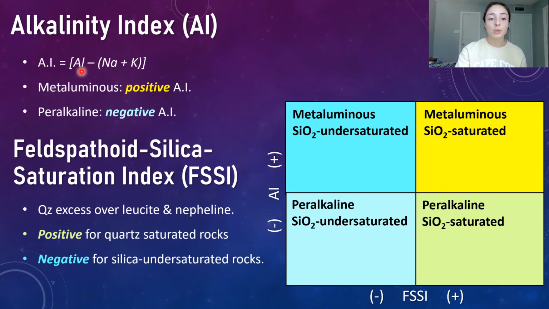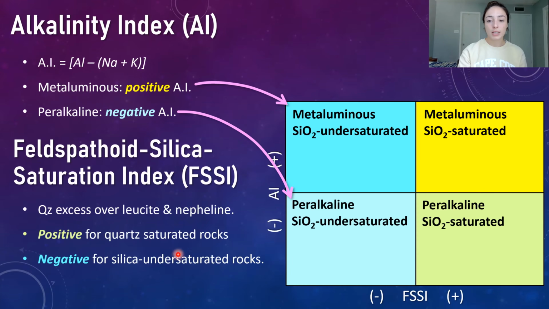If there's more aluminum than there are alkalis, this will be a positive value, plotting positively on this little plot here, and they're called metaluminous, like we talked about. Whereas if it's peralkaline, or there's more alkalis than there is aluminum, it will be a negative value and plot on the bottom or negative side of this plot here, and these are labeled peralkaline.